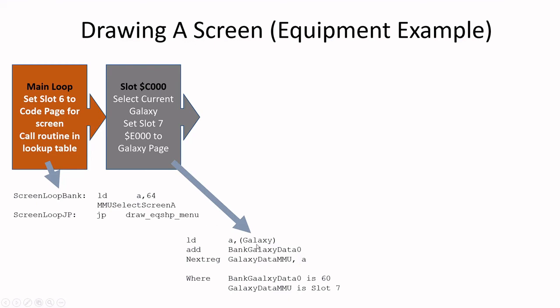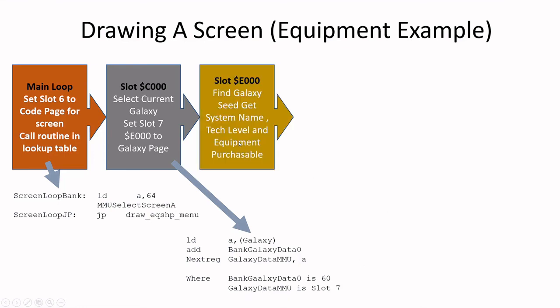An example here, so I'll load A with the value of my current galaxy, add in the data 0, which is the offset for the page number, and then I'm just going to set the MMU to a value of 8, where in fact that starts at 60, so the galaxy is 60 to 67, and I'm setting slot 7.